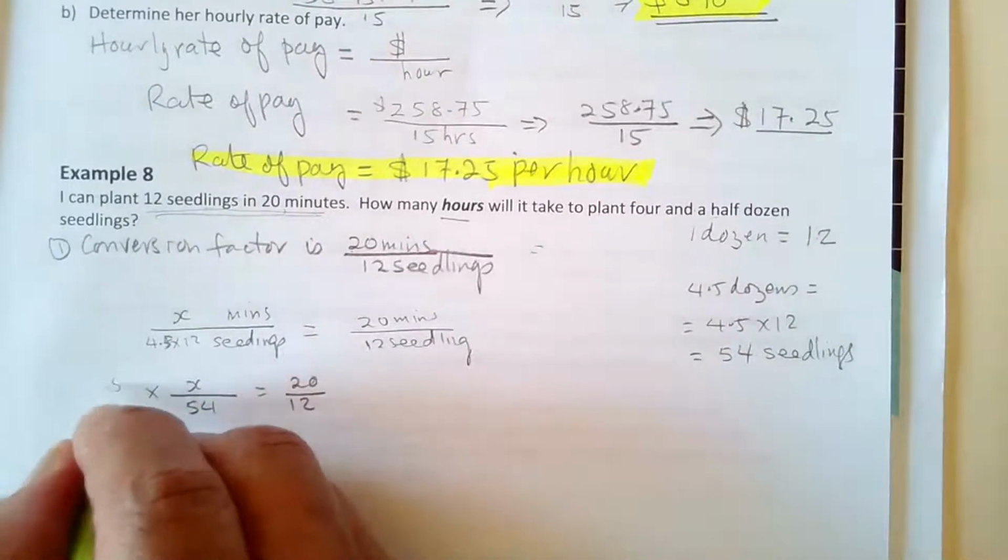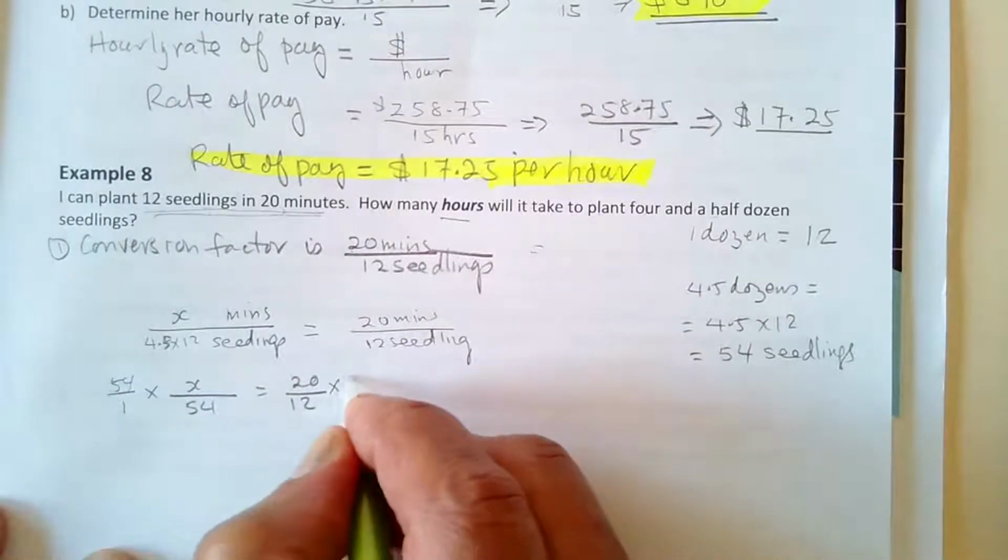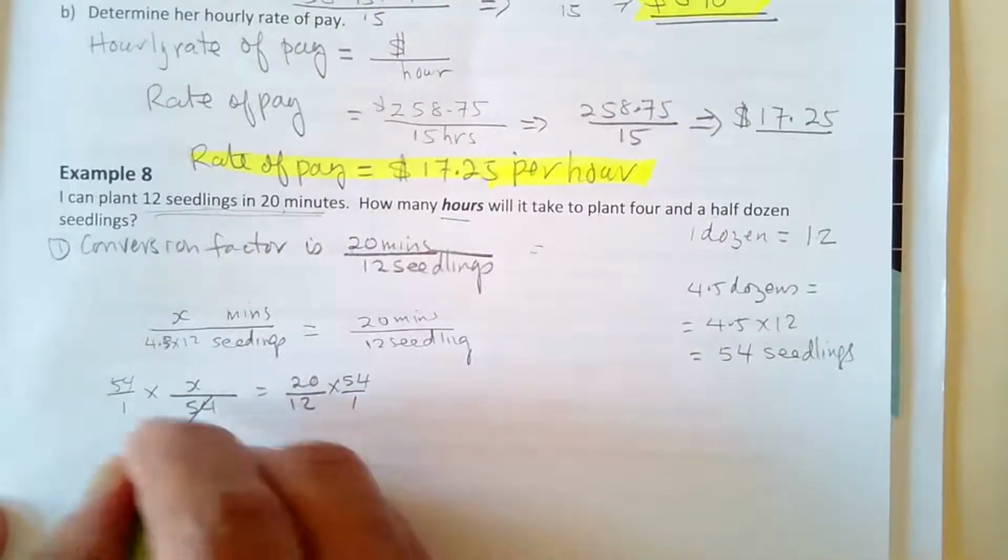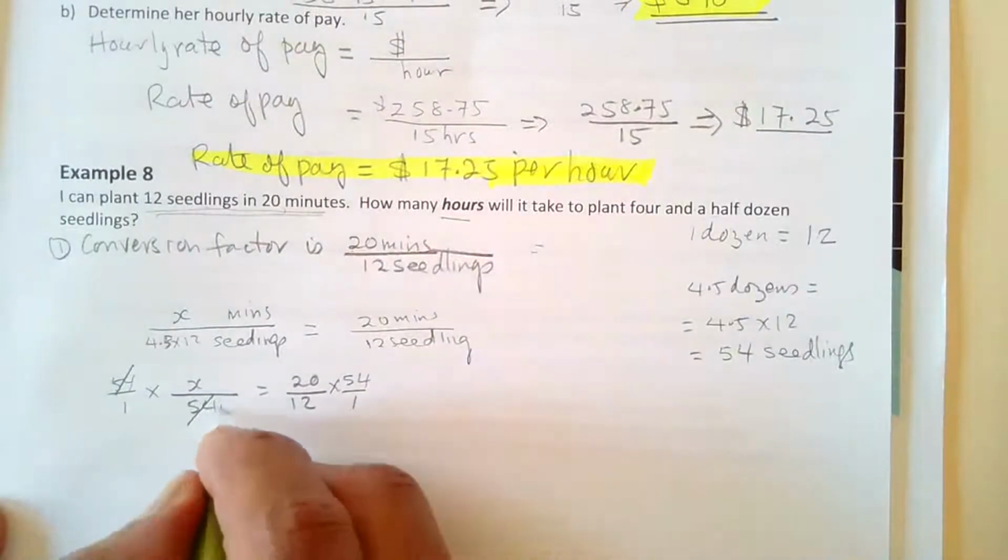We have 54 over 1 multiplied by 54 over 1. So the 54 is canceled, or goes into itself 1.